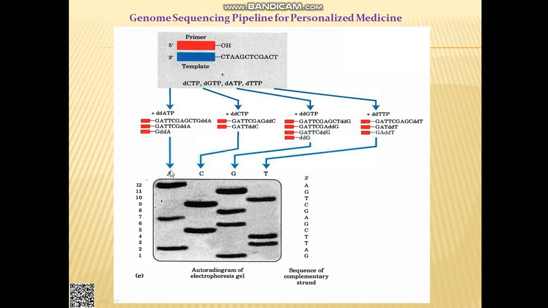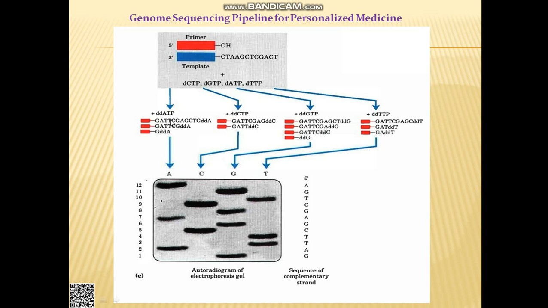So here you see, in this test tube, what you have? You have 3 sequences. One very large sequence where no dideoxy has entered. Okay. Then you have a sequence where dideoxy adenosine has been entered. Okay. There also, wherever there is a dideoxy G, there is a dideoxy A.